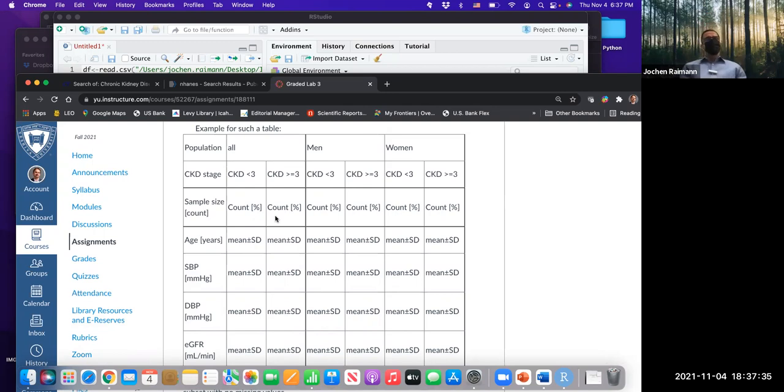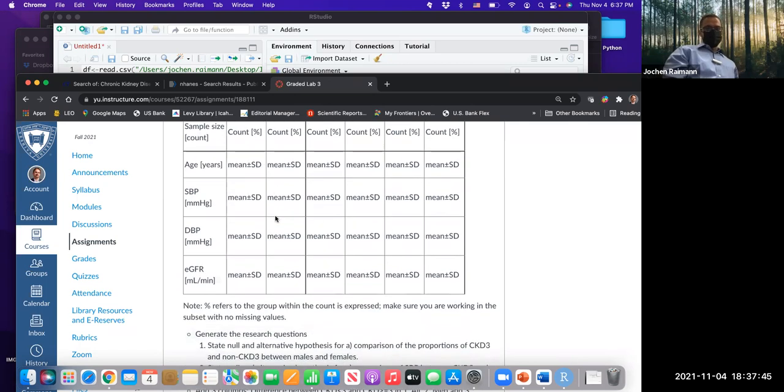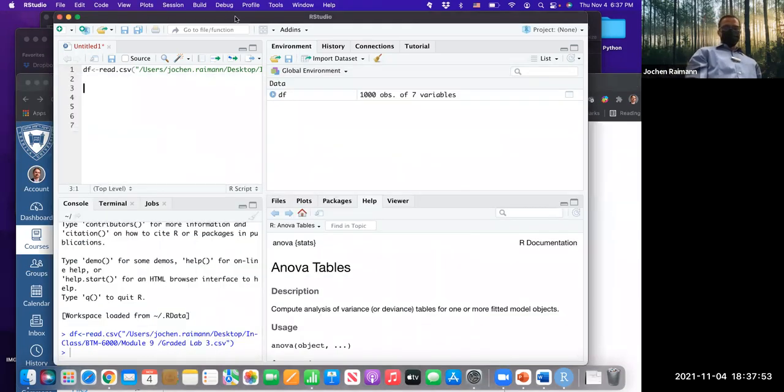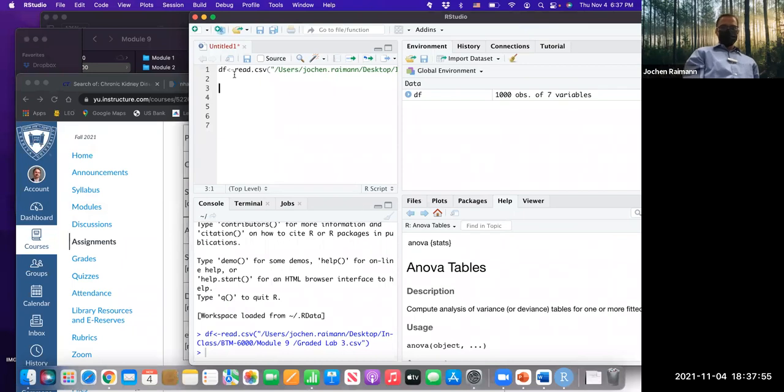You preferably want this table in a shape and format that you can just copy paste into a Word document, right? That's the preferred setting. One way to do that is, and this is my approach, there are different approaches, I do it in a very simple way.